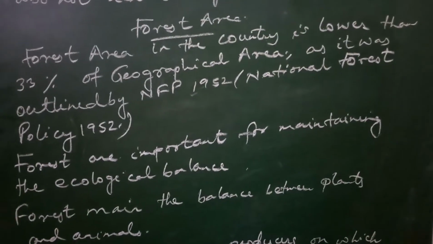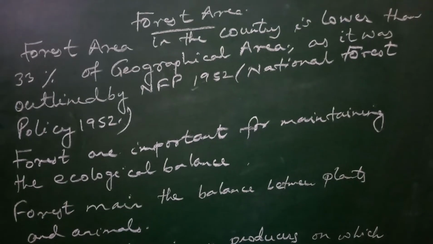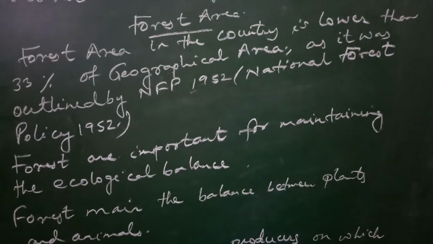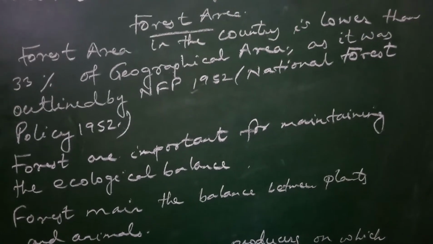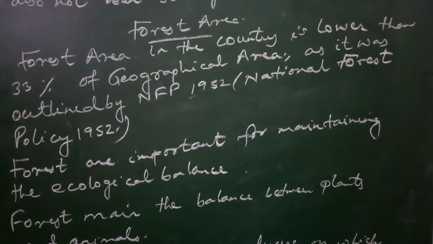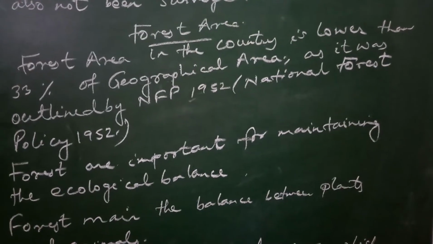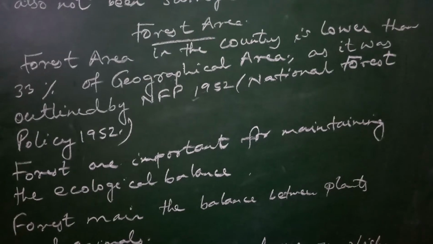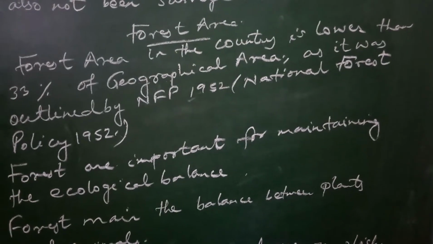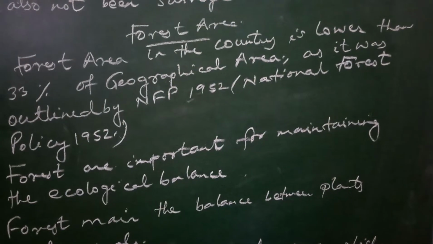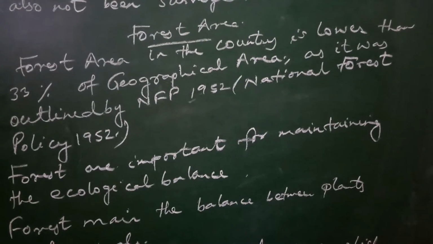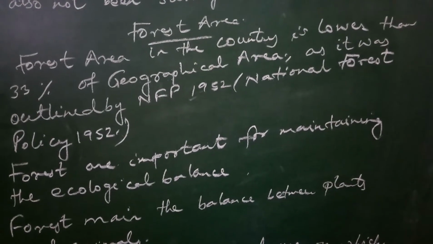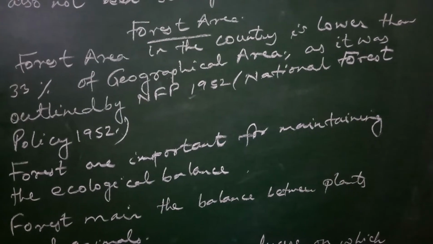One of the most important concerns for land use pattern is the forest area. The forest area in our country is lower than 33% of the total geographical area, as outlined by the National Forest Policy 1952.